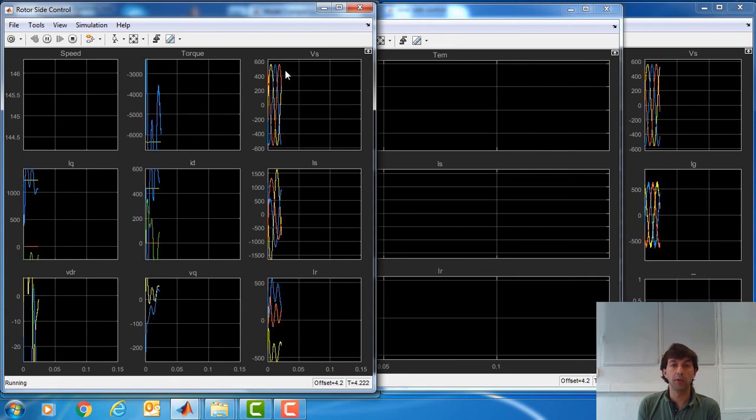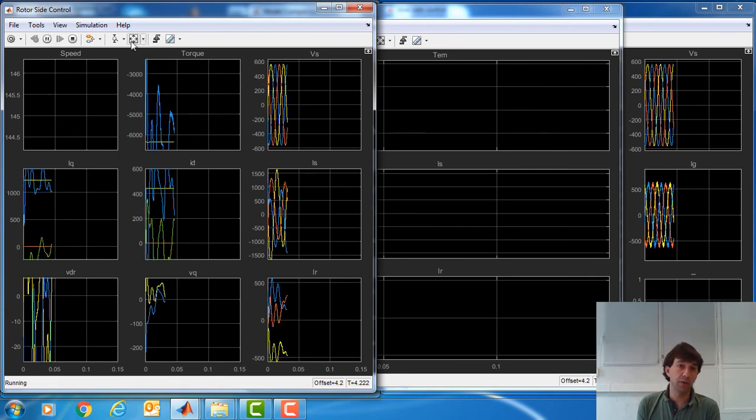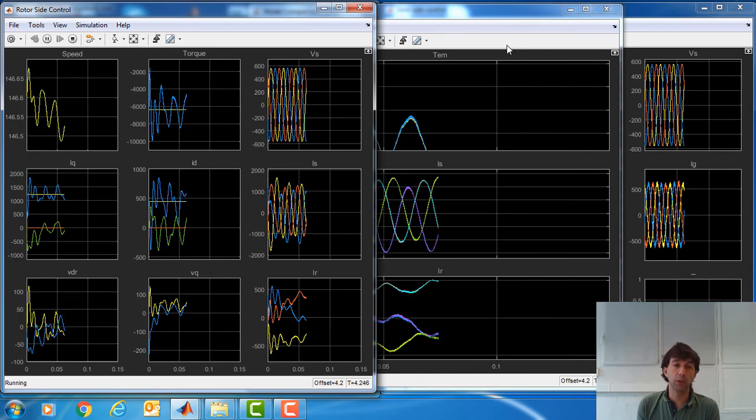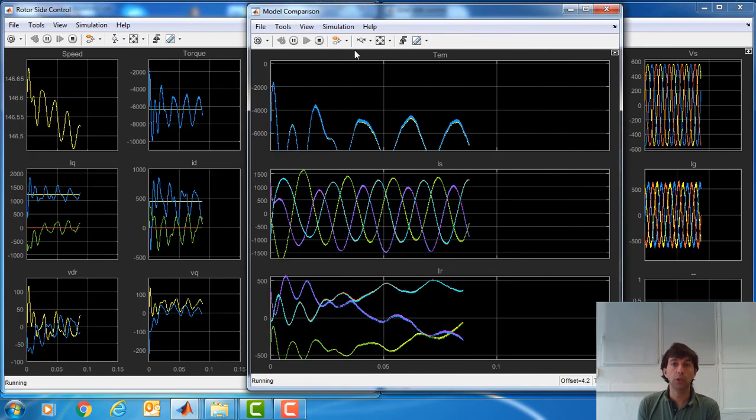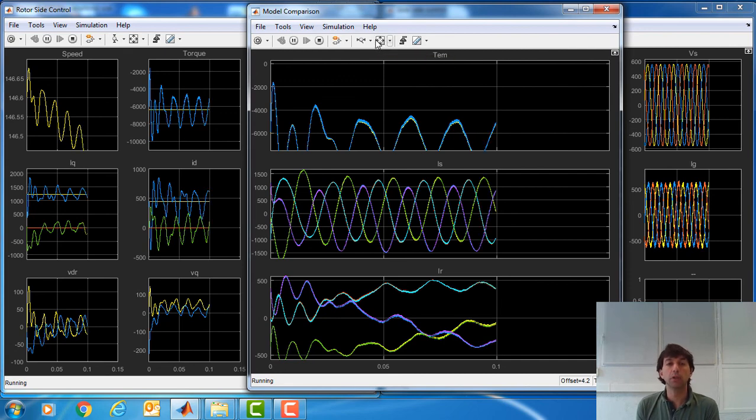Now here we have the voltage recovery, which is another perturbation for the system. It can be understood as another perturbation, but the system is still working with its transient. And finally, the simulation has finished.